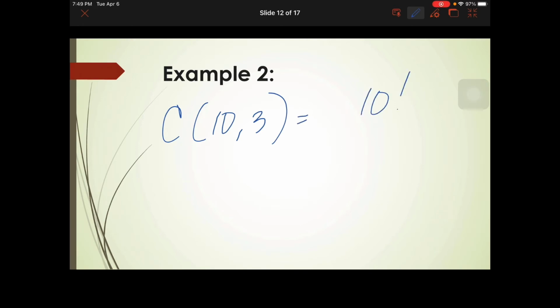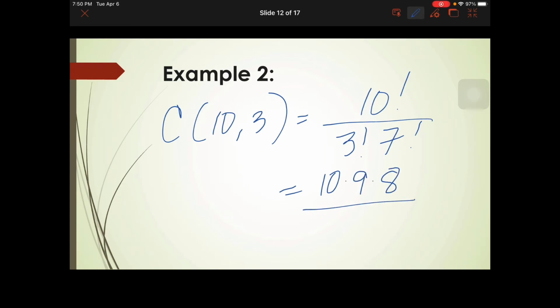So, that's 10 factorial divided by, remember ang difference ng combination at saka permutation formula? You have an R factorial sa ilalim. So, we're gonna put 3 factorial and then 10 minus 3 factorial, which is 7 factorial. Okay? So, ang mangyayari po dito ay matitira sa taas ay 10 times 9 times 8.